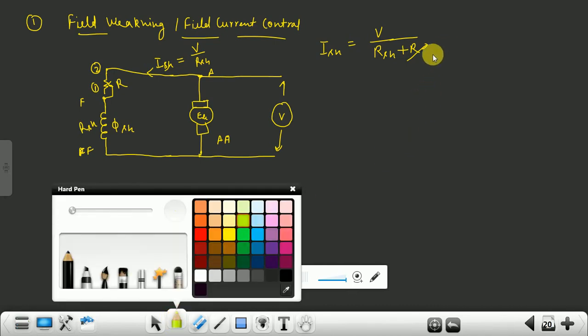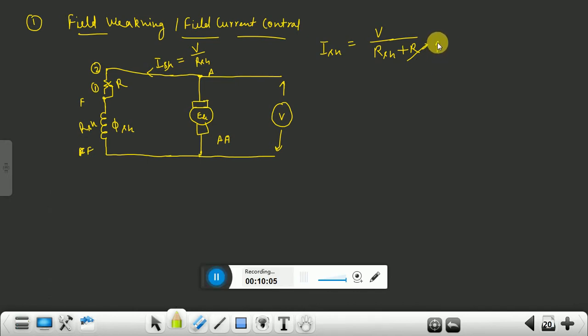When we increase the value of R, the denominator increases, which means ISH decreases.